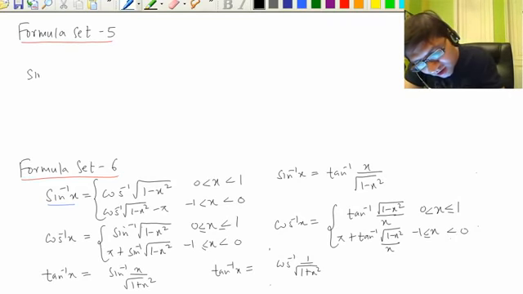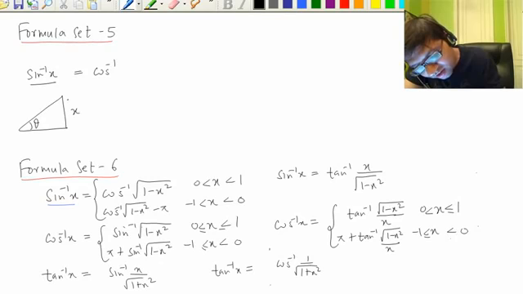Sin inverse x is an angle, say theta, whose sine is x. Sine is x means perpendicular is x and hypotenuse is 1, right? So the base will be root of 1 minus x square.